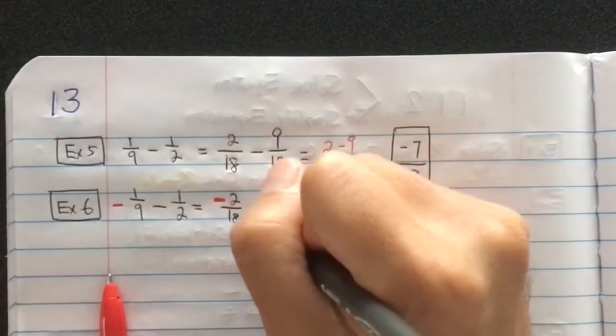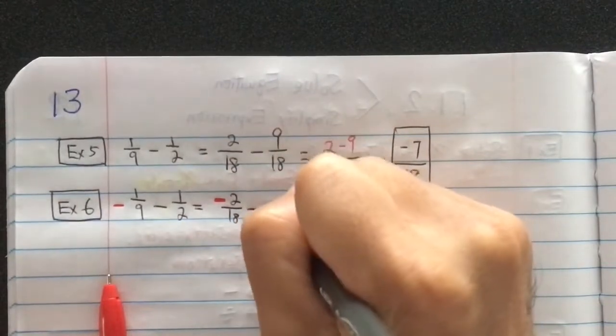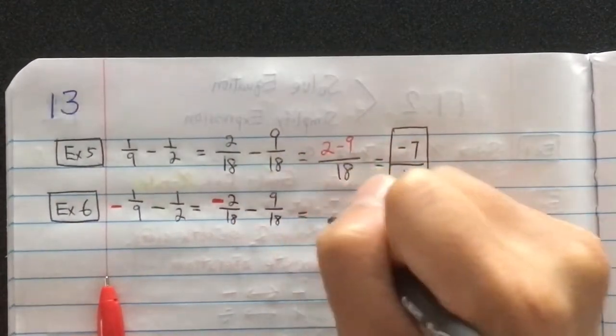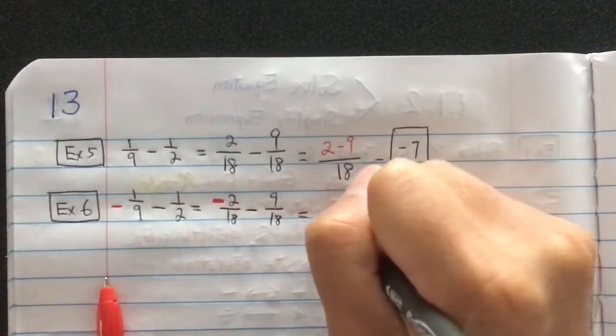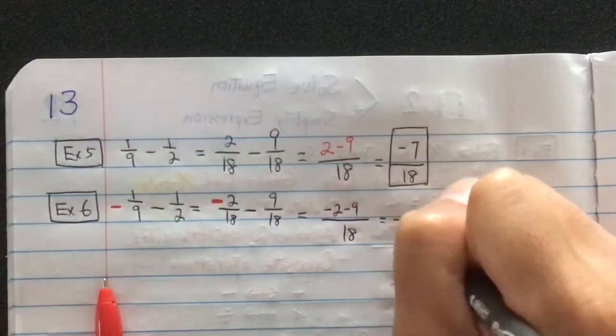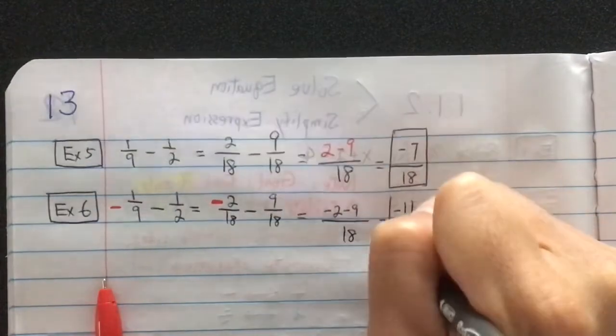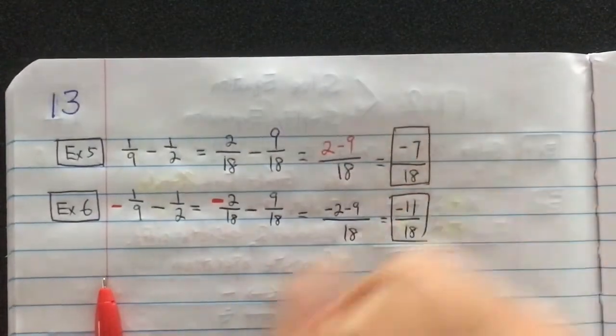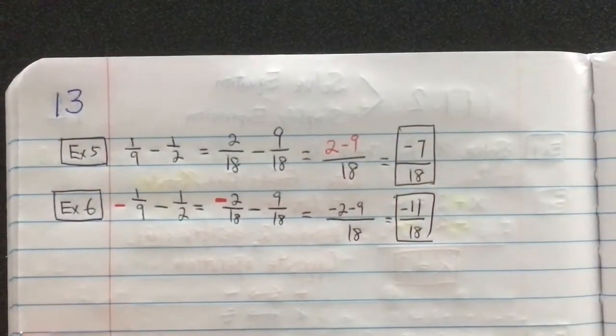Okay? And everything is the same. So here it becomes 18 and negative 2 minus 9 will become negative 11. So far so good?